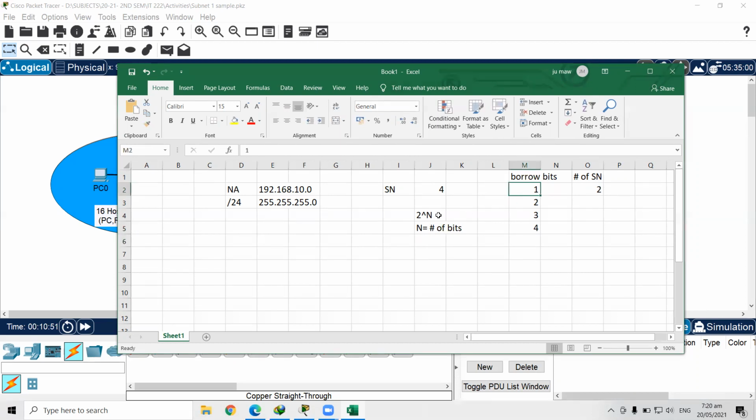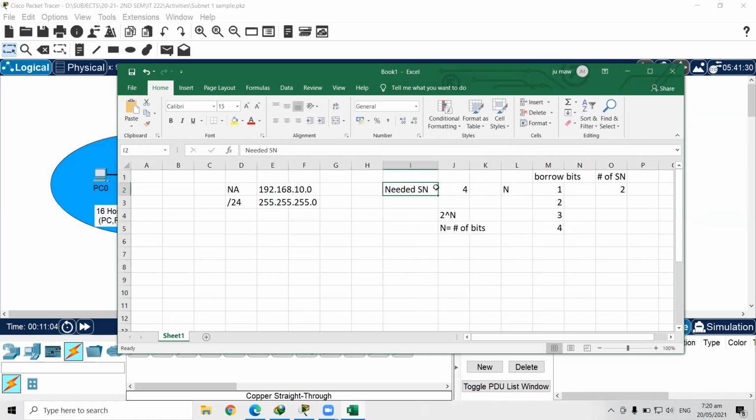Kung ang n mo is 1, the number of subnets output is 2. Kung ang n mo is 2, that is 4. Kung n mo is 3, that will be 8. Pag 4 naman, the number of subnets is 16.